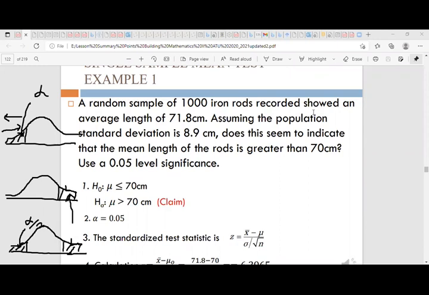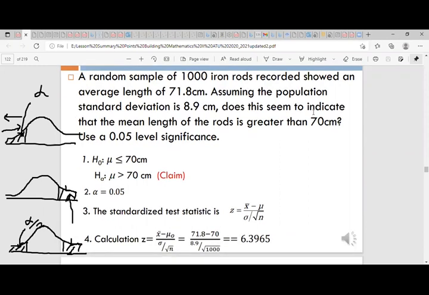It says that a random sample of 1,000 iron rods recorded showed an average length of 71.8 centimeters.